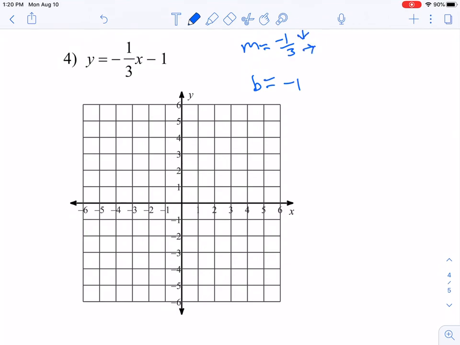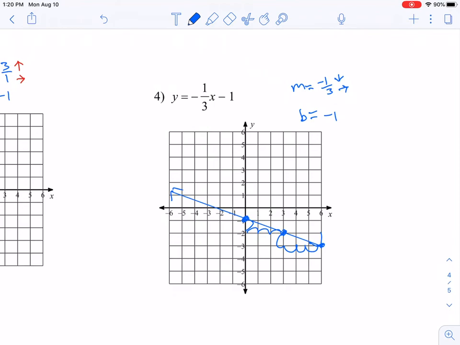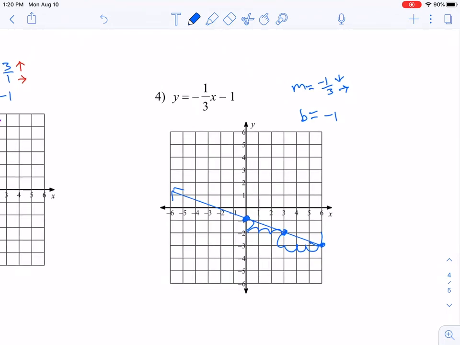So I'm beginning at -1, and I move down 1, right 1, 2, 3, put a point. Do that again, down 1, right 1, 2, 3, put a point. Connect my points, draw some arrows, and we've graphed a line. So hopefully this was a helpful refresher on how to graph.